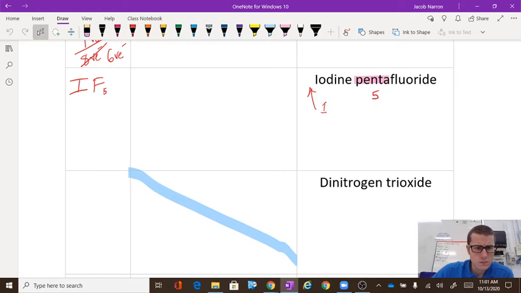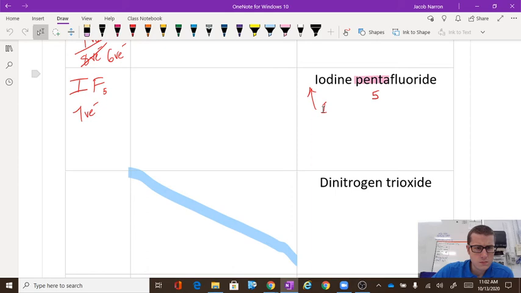Okay, let's go ahead and do our Lewis structure. We're in the home stretch. We're almost done with this. Iodine is, sorry, I got a text in the middle of me talking. It messed me up. So iodine is in group 17. It gets 7 valence electrons.